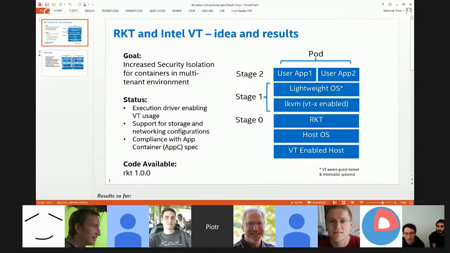So at this moment, our stage 1 supports most functionality which is found on the CoreOS flavor. The missing part is IPVLAN support.